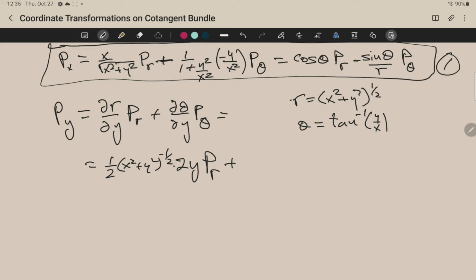And then 1 over 1 plus y squared over x squared, and this just gives you 1 over x. So this here is just cosine over r.